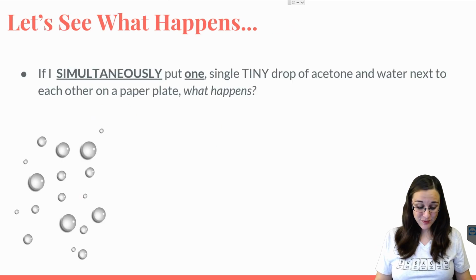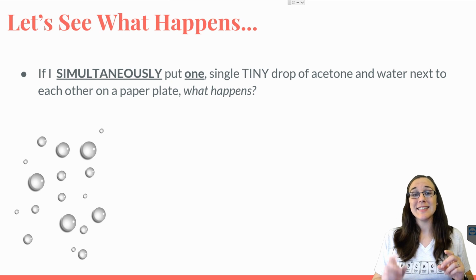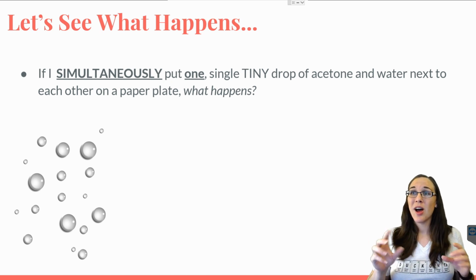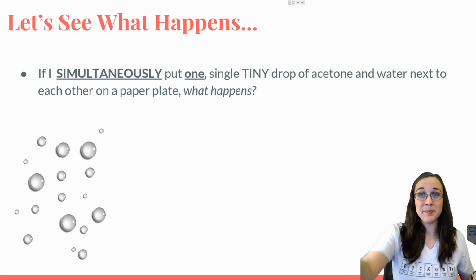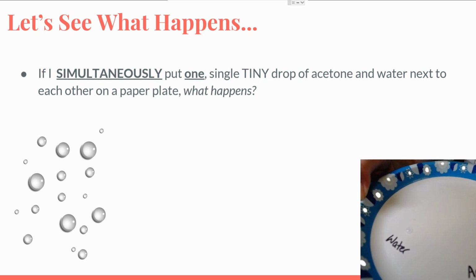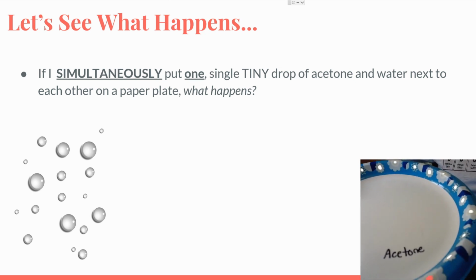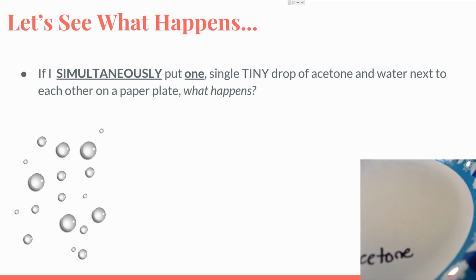So just a few seconds ago, before I hit record, I put a simultaneous drop of water and a simultaneous drop of acetone on a plate. And I'm going to show you that plate in front of me now so you can see what that looks like. You can see that there is a clear drop of water and the acetone drop is kind of spreading out a little bit.